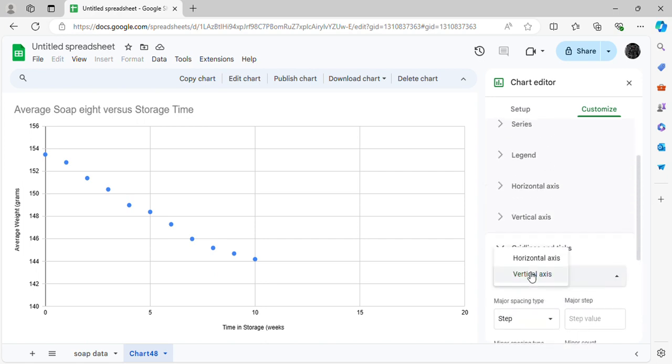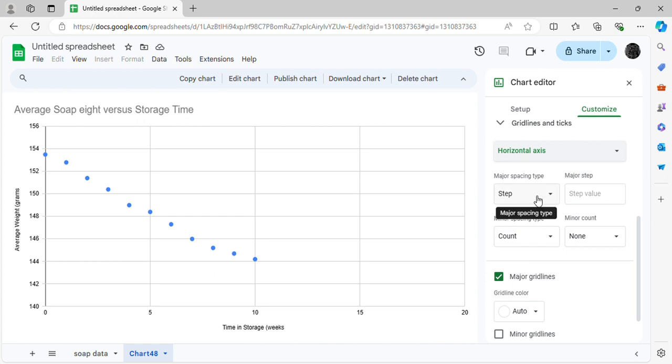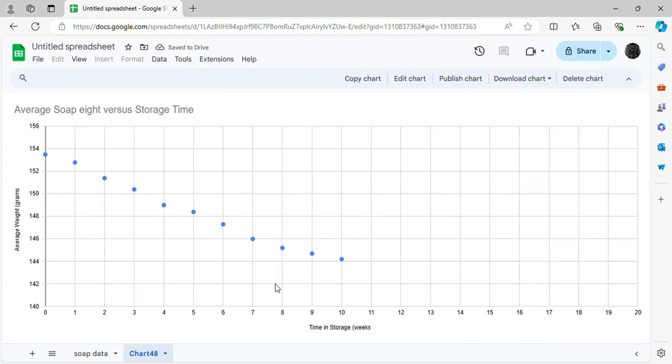For the horizontal axis, major spacing type step, major step 1. So for every week, the soap reduces its weight by about 1 gram.